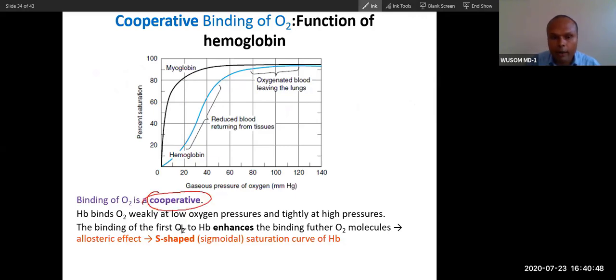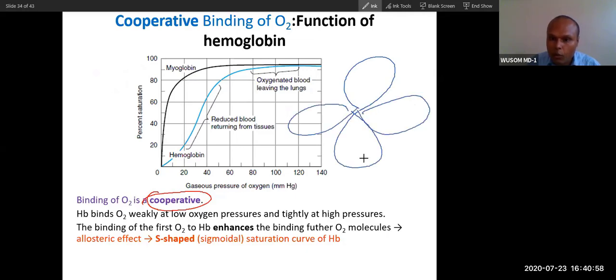So what does cooperative binding mean? There are 4 chains in hemoglobin, 2 alpha and 2 beta. Cooperative binding is when one oxygen binds to one chain.